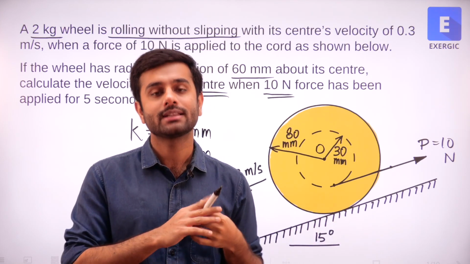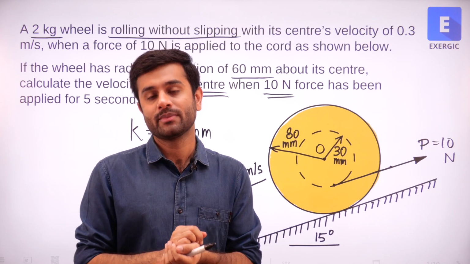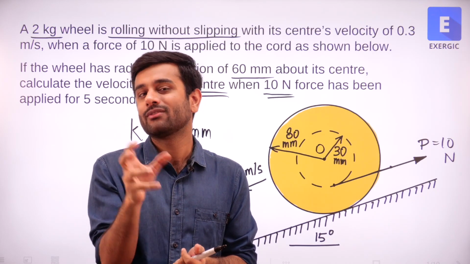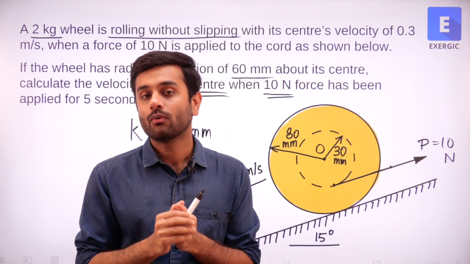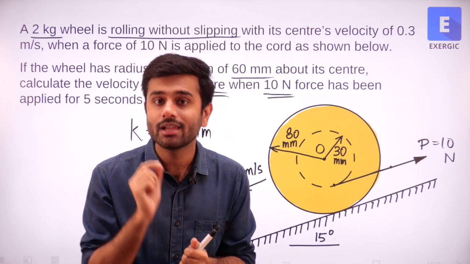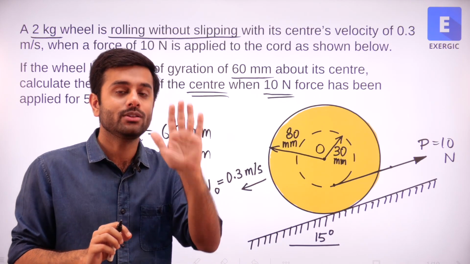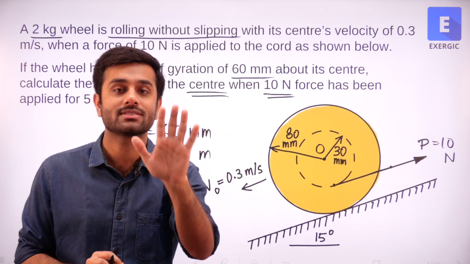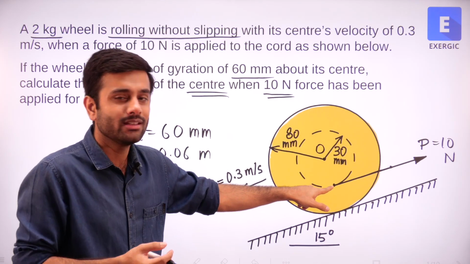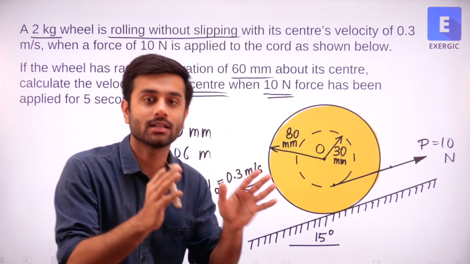Obviously there will be certain changes in the dynamics and kinematics of the body. Its velocity will change, and the question is asking what the velocity of the center O will be when you have applied the force P of 10 Newton for 5 seconds at a distance of 30 mm from the center.